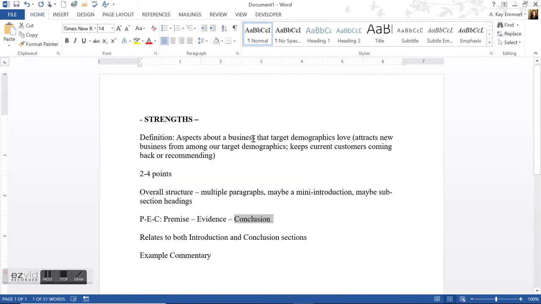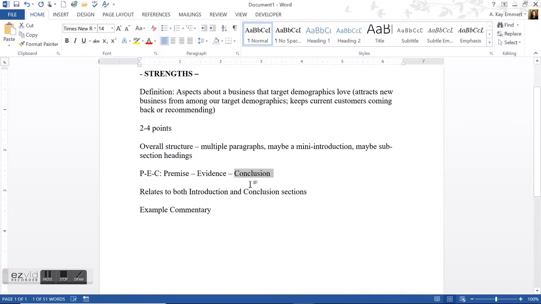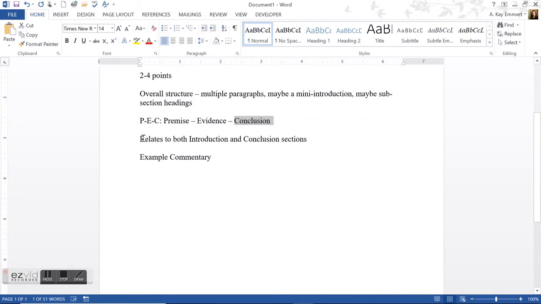Your strength section should relate to both the intro and concluding sections. So your very first section of the SWOT report is an introduction in which you basically profile the business. So any topics that you bring up in the strength section that are the basis for your arguments, those topics should be profiled, and by profiled I mean simply described.